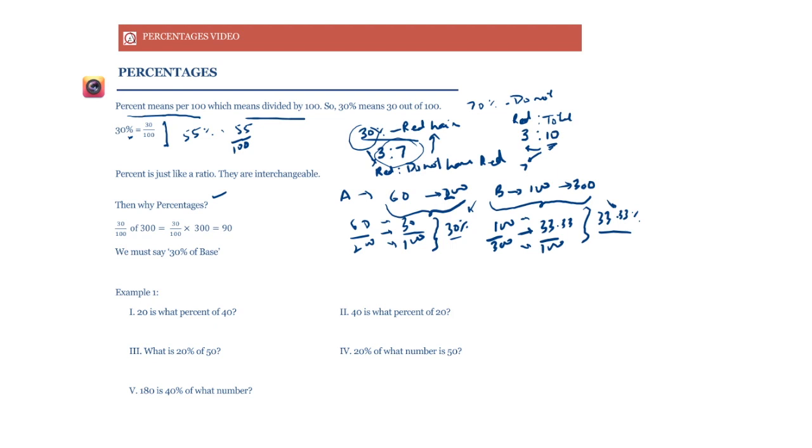This is how we calculated the 30. We used the concept of ratios: if this becomes half, the multiplier is 1/2 here, then the multiplier is 1/2 here also, and this becomes 30. When we use it in terms of percentages, conceptually it's the same. Everything is the same, but we show it differently.